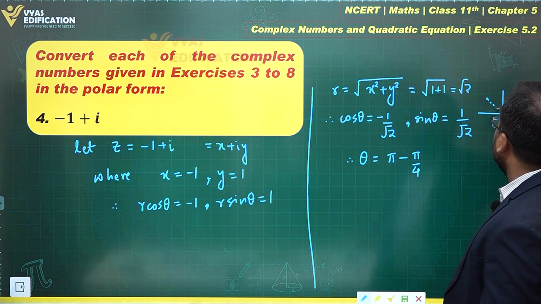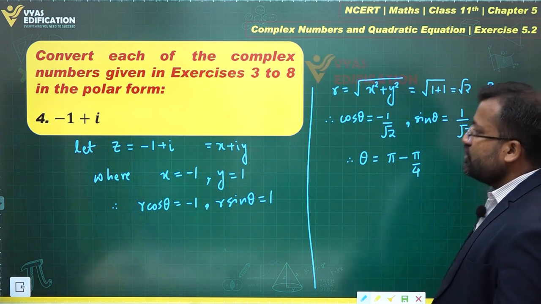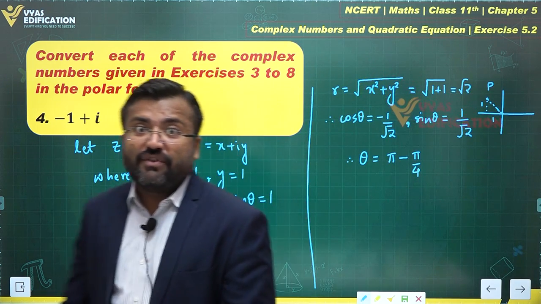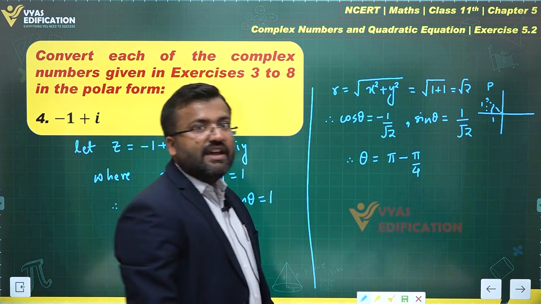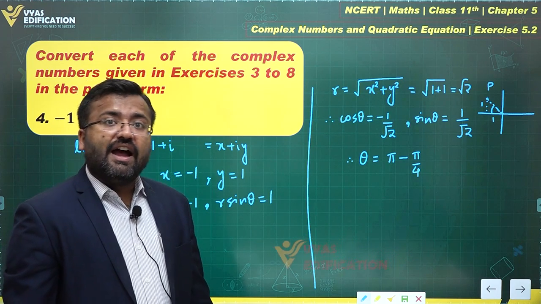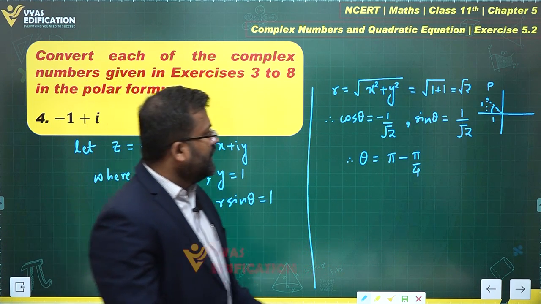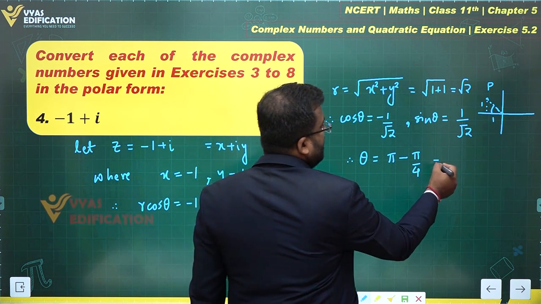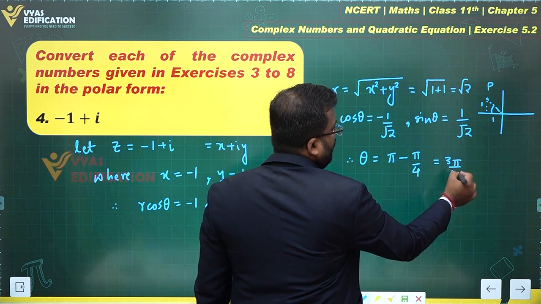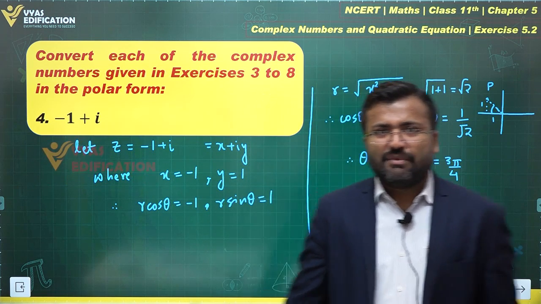This is the location of the point P. This here is 1 unit, this here is also 1 unit, and you can find the value of alpha very easily. I am talking about this alpha. Tan alpha would be equal to 1, and therefore alpha would be equal to pi by 4, implying theta would be pi minus pi by 4. This gives me the value of theta as 3 pi by 4. That's pretty simple.